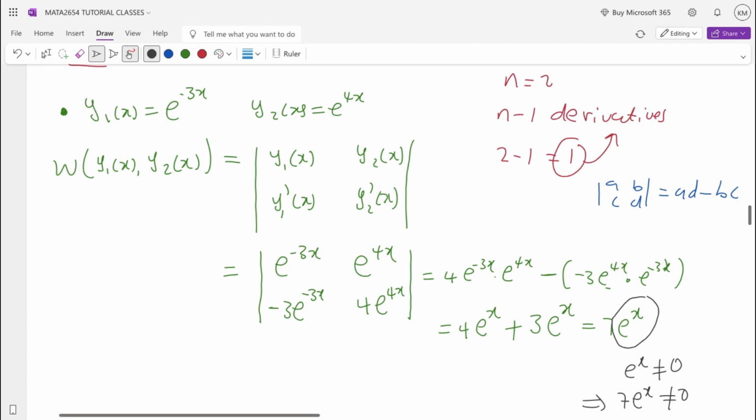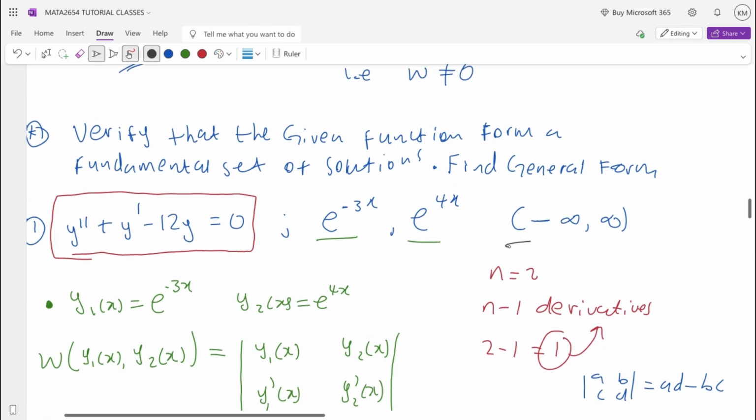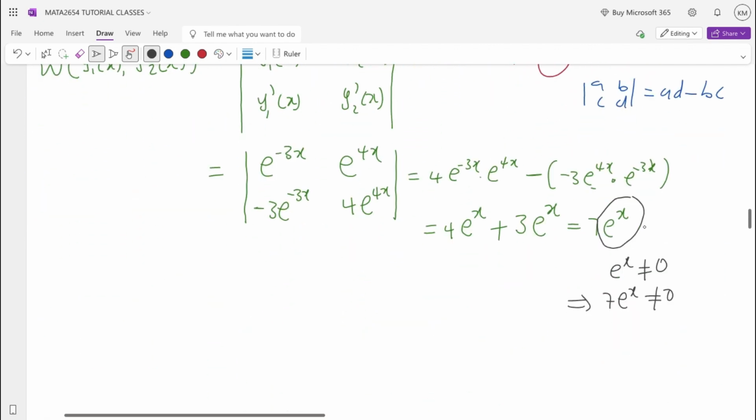Okay, but I think there was additional information. The additional information is this: they give you an interval. X is between negative infinity and infinity. So you can choose any value of x. If you choose x to be 0, you are going to get your determinant as 7. This is obviously not equal to 0.